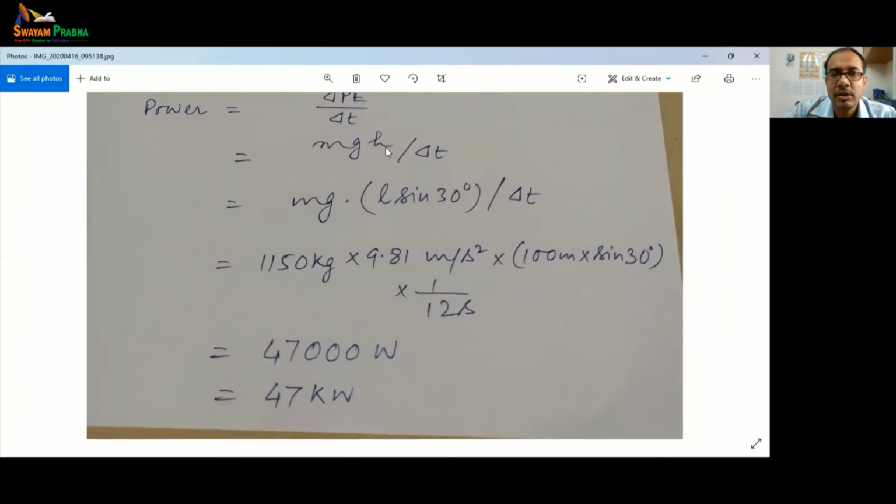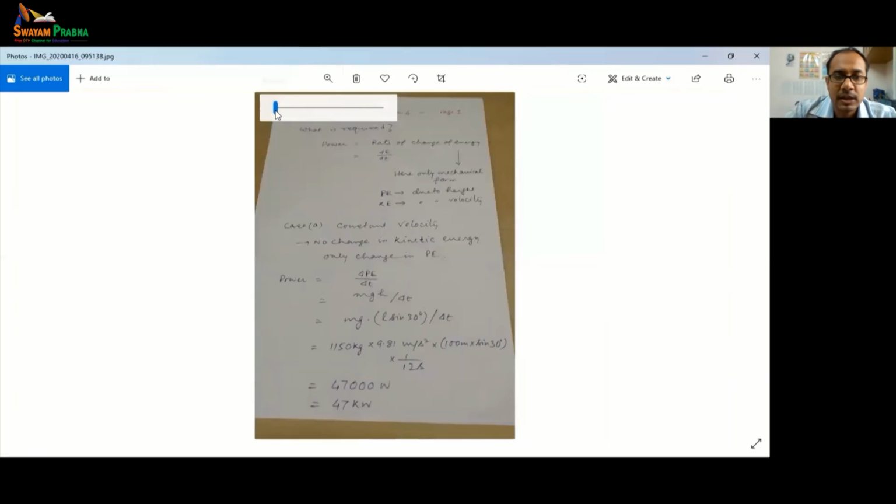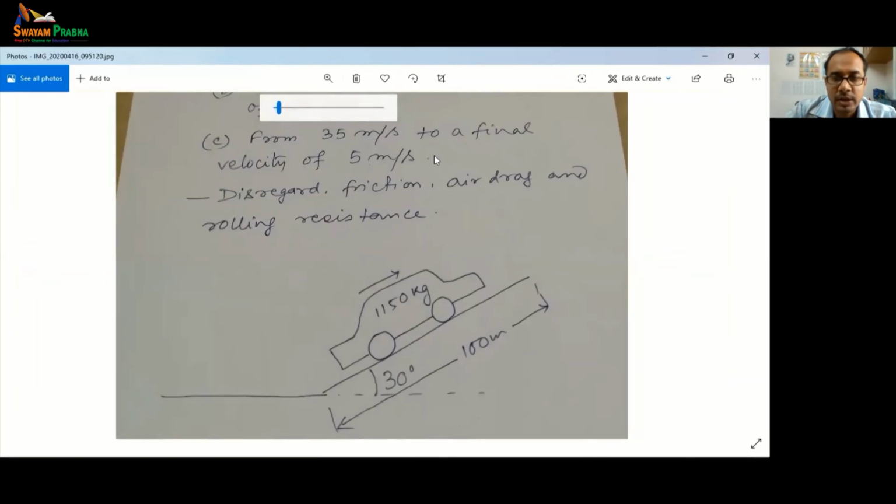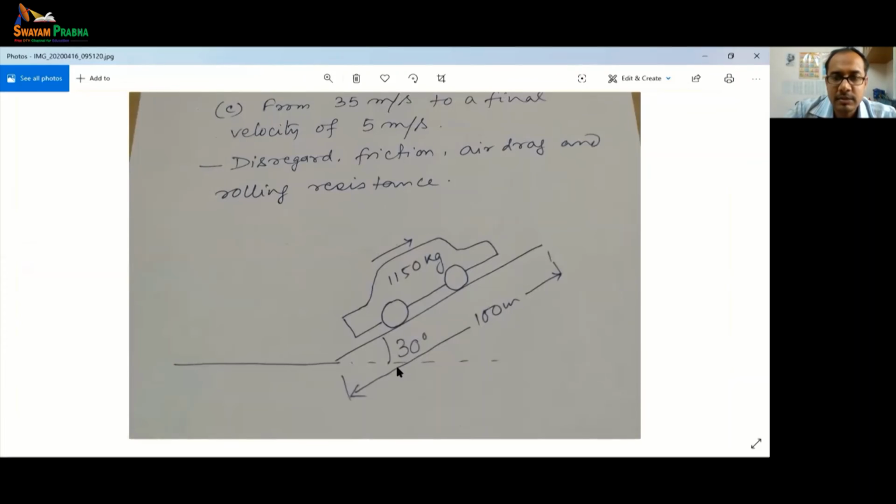The only trick you have to use here is how to find h. h will be the length of the road times the sine of the inclination angle. Let's see the schematic picture again. The length of the road here is given to be 100 meters and this angle is 30 degrees.